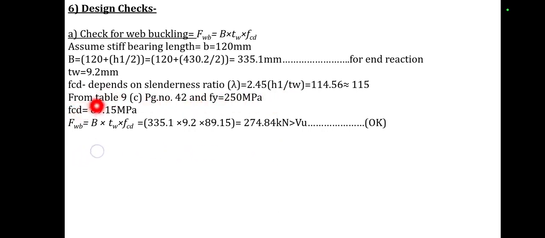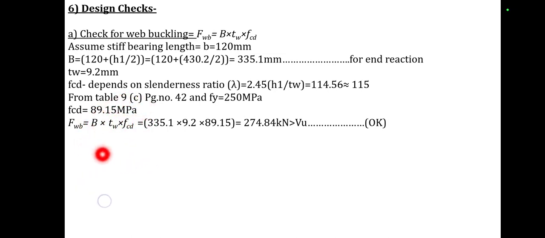Dear students, keep in mind we are considering the web to be acting as a column. As in the case of a column, we calculate lambda as KL upon r minimum. Here also similarly we calculate the value of lambda, and then from table number 9C, page number 42, for Fy equal to 250 MPa, we have calculated the value of FCD as 89.15 MPa.